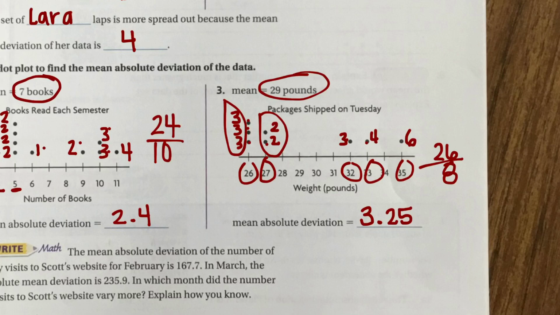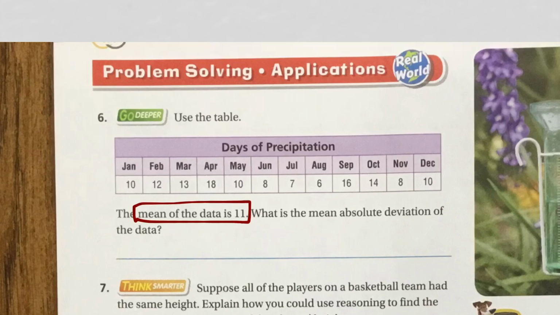Okay, how many of you got 3.25? Awesome, nice job. Okay, this tells me my mean is 11, so I want to know the distance between each number and 11, so I'm going to write it underneath it. What's the distance between 10 and 11? 12 and 11. 13 and 11. 18 and 11. 10 and 11. 8 and 11. 7 and 11. 6 and 11. 16 and 11. 14 and 11. 8 and 11. 10 and 11. Then I'm going to add all those up.